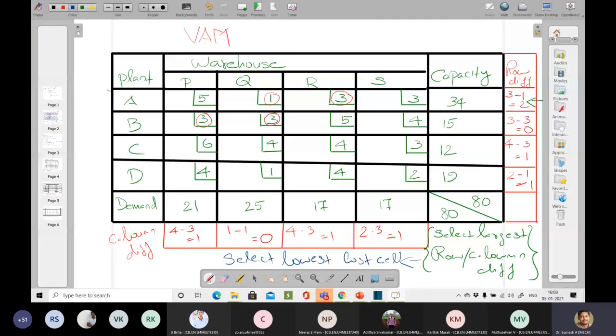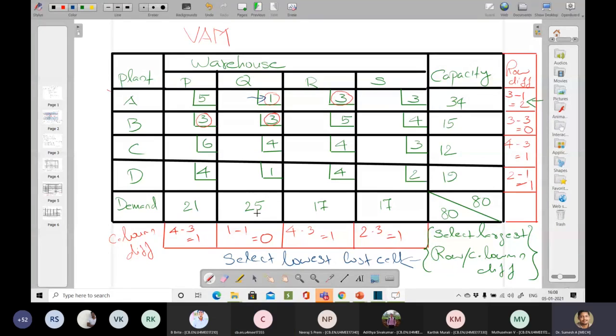So this will be the lowest cost cell in the first row, 1. And you can give the allocation over there. What is the demand at warehouse Q? Demand at warehouse Q is 25 and plant A has a capacity of 34. So what allocation can I give here? 25.